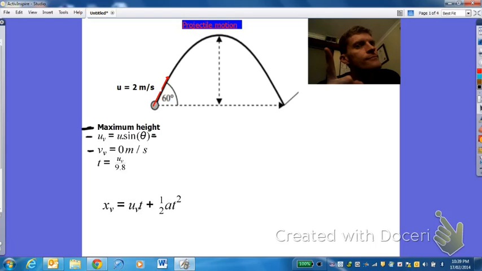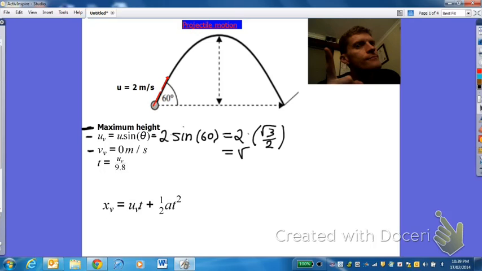So we've got 2 meters per second, sine of 60 degrees. And I know the sine of 60 degrees is root 3 on 2. I know that because I'm a very good student at math methods and I've learned all my exact values for sine, cos and tan.